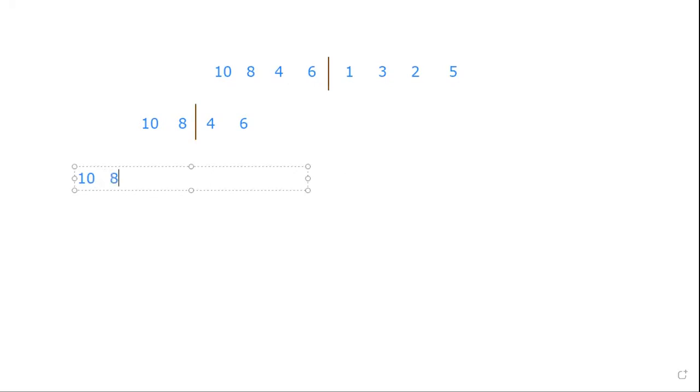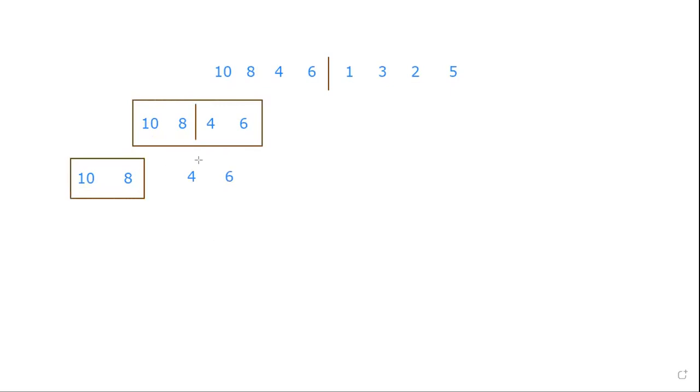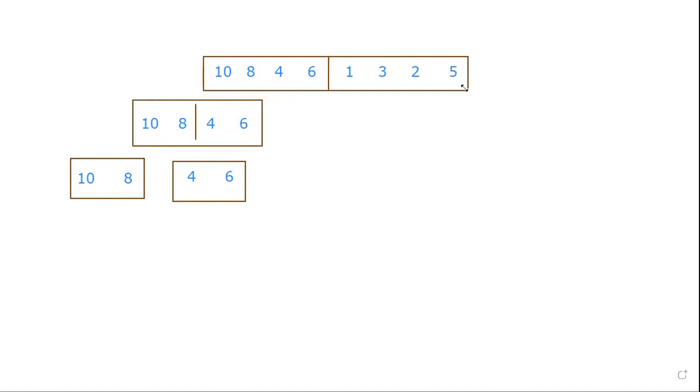The first one is 10 and 8, and the next one is 4 and 6. Coming to the next representation, this is one array, this is one array, this is one array and this is one array.